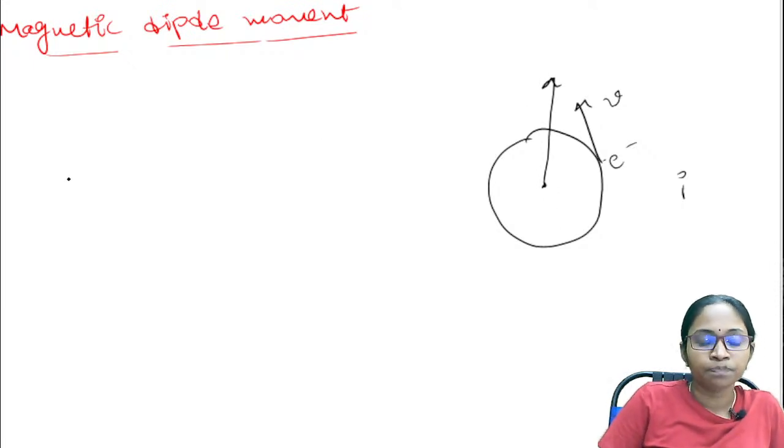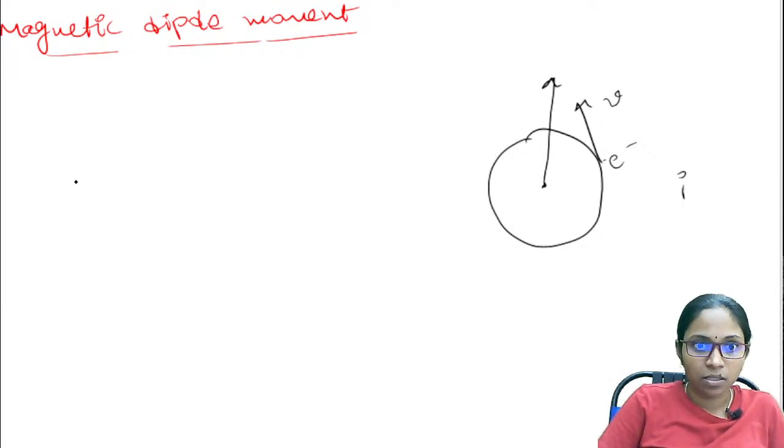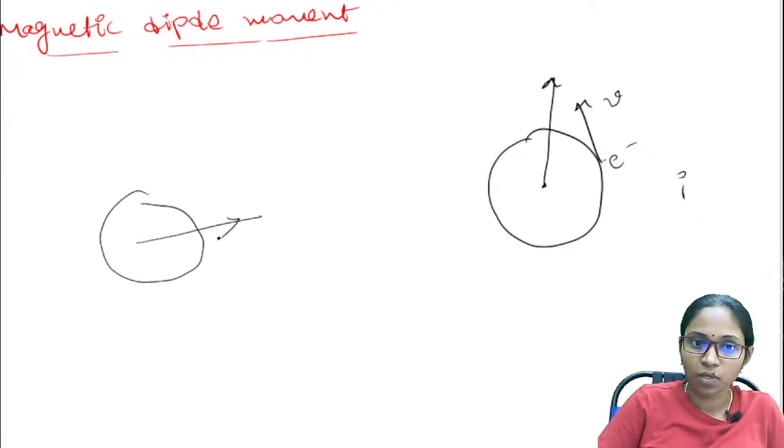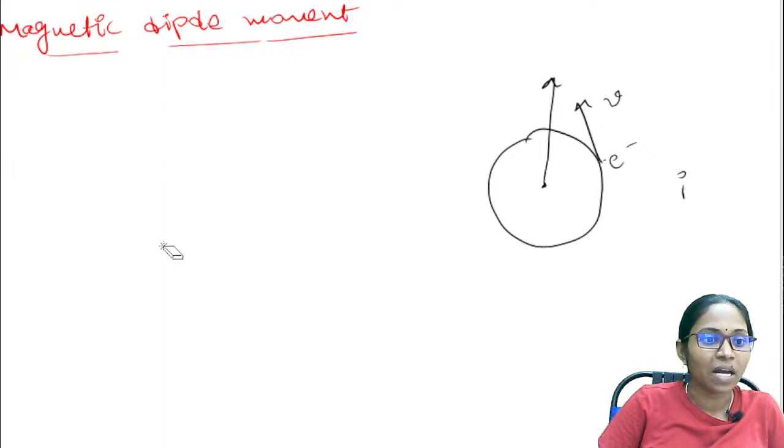From Faraday's laws and Ampere's laws, we know that if there is a current flow in your coil, then there will be a magnetic field. So this will be the direction of the magnetic field.